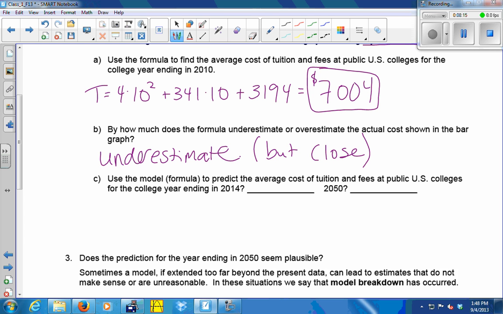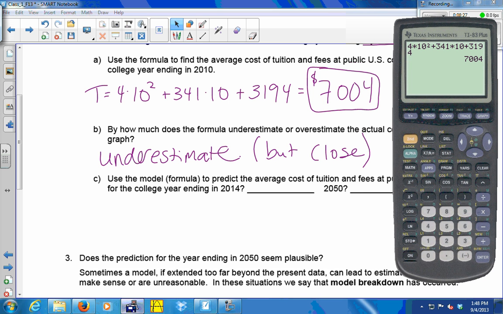So now I want to use the model, that is my formula, to predict the average cost of tuition and fees in the year 2014 and in the year 2050. So I'll pull up my calculator again, and I want to plug in a 14 this time for the year 2014. Just changing my 10s to 14s here.